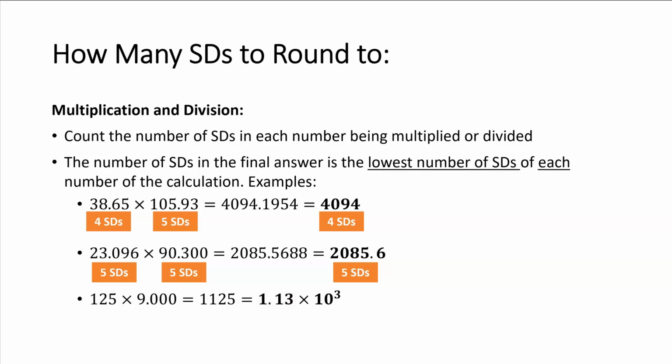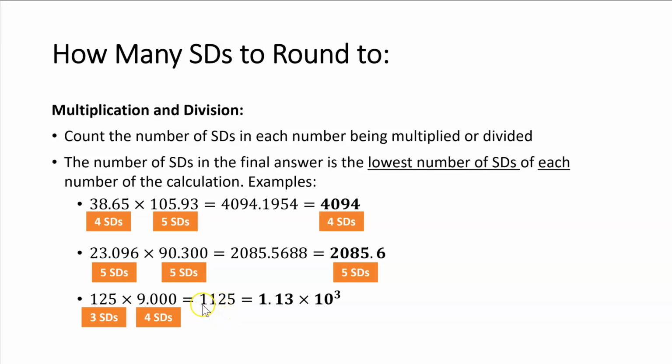In the last example, we have 125 times 9.000. In the calculator, that will spit out 1,125. But if we count significant digits in the numbers we're multiplying, there's only 3 significant digits in 125, so our final answer should only have 1, 2, 3 significant digits.